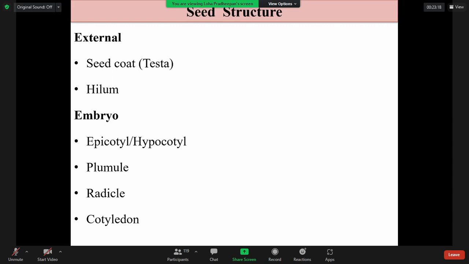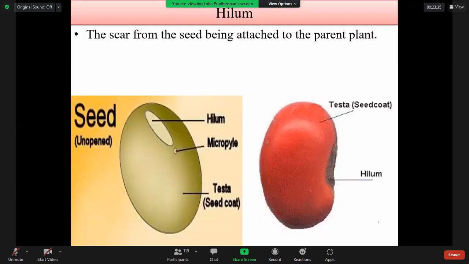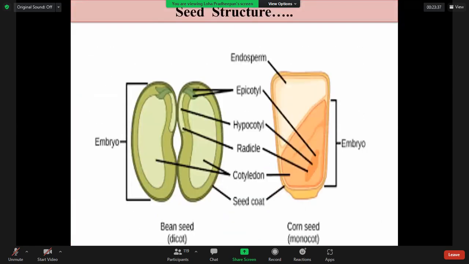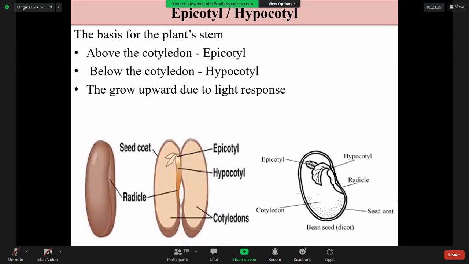The cotyledon, whether it comes above or below, provides the food reserves for the initial germination and growth before photosynthesis. So the epicotyle is the part based on the stem portion. Based on the type of germination, it is present.